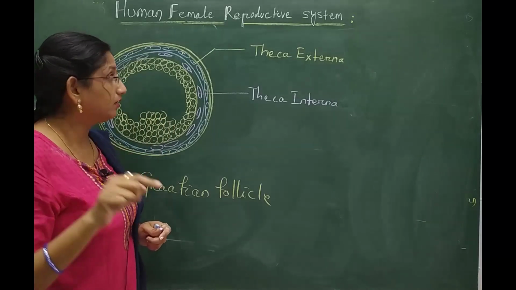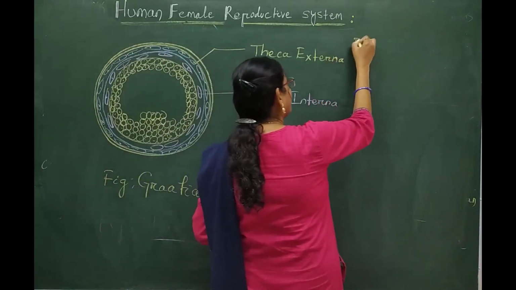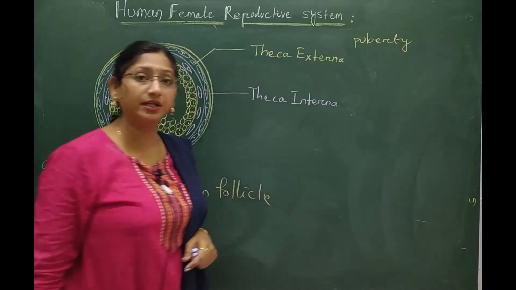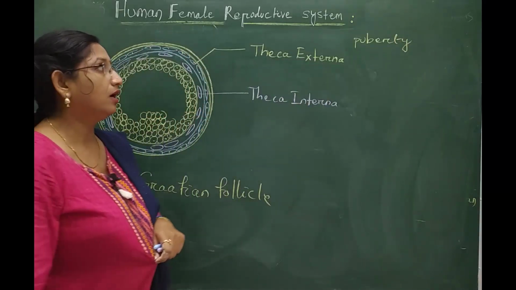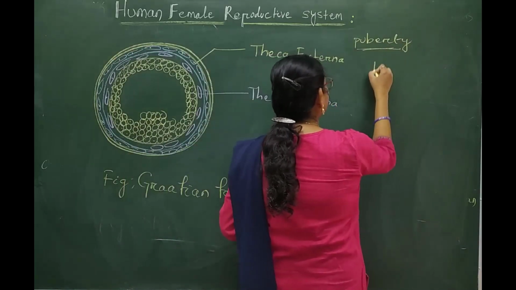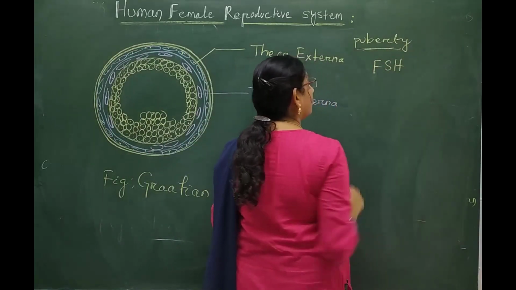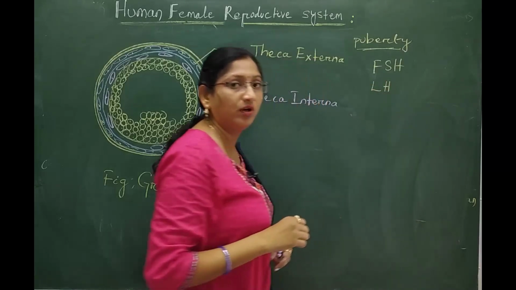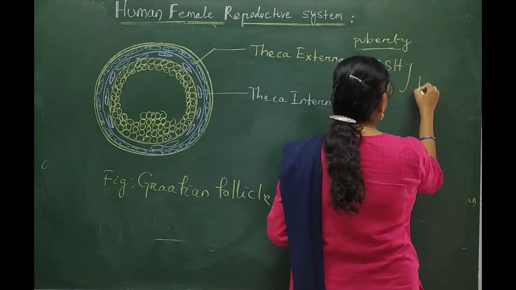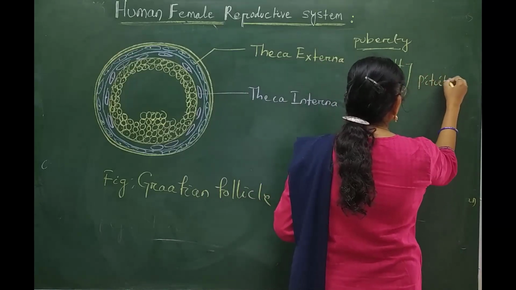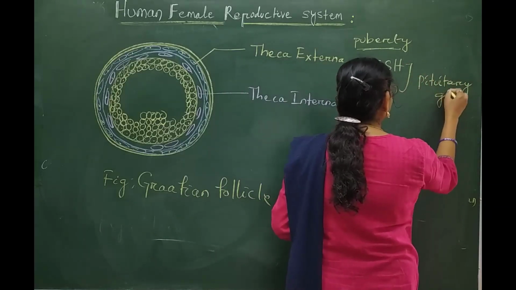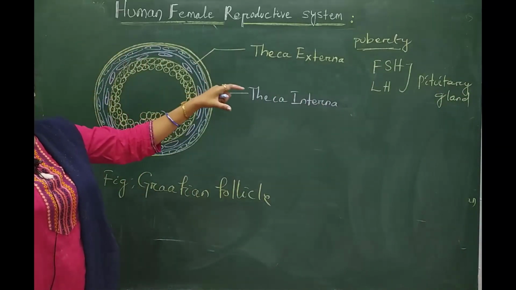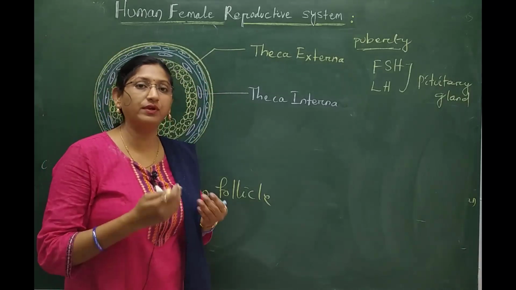And after the puberty, when the puberty occurs at the age of 12 to 13 years in the female body, under the influence of two hormones, follicle stimulating hormone and luteinizing hormone released from the pituitary gland, the primary follicle is converted into mature Graafian follicle.